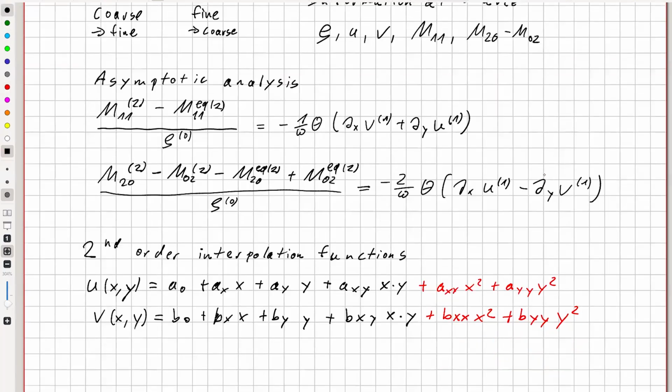And say for the density rho, we need only first order interpolation. So we'll stick here with just the bilinear interpolation in x and y. This can be done without further information on the gradients of rho.